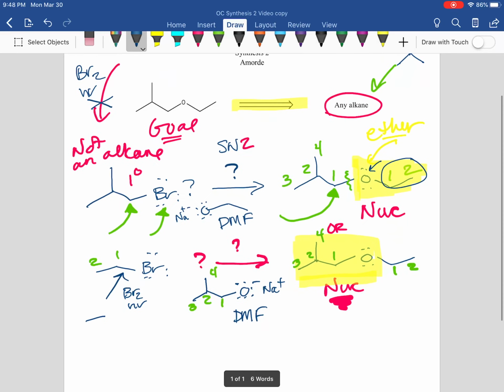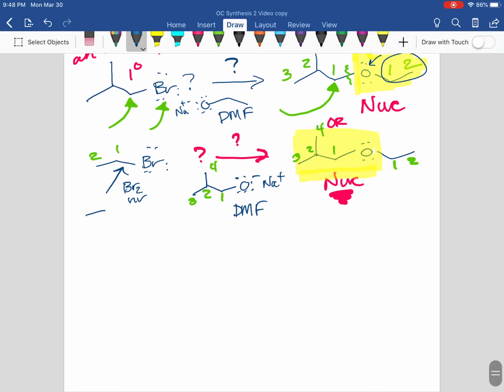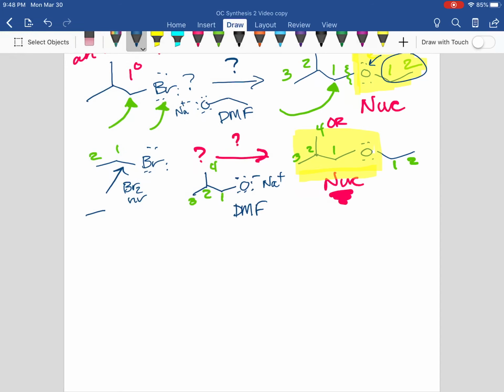So what would this look like in a final synthesis? Remember, we just kind of drew out our strategy there. What would that look like if that was then a nice test question and we wanted to draw that out final? What we could draw is this first one.